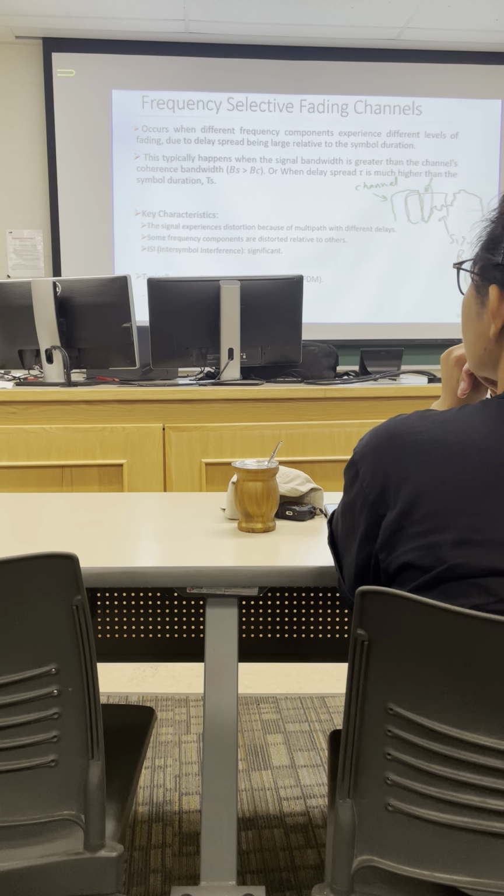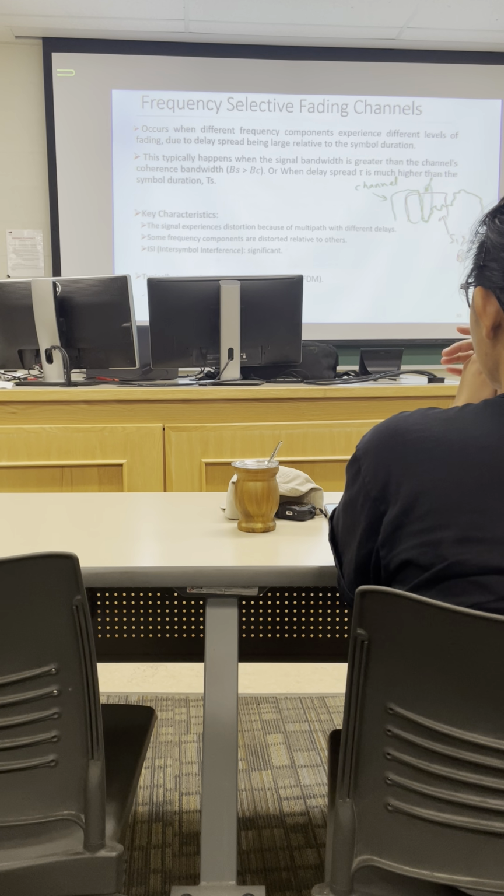So I will return back the whole original value, okay? So here, for a frequency selective fading channel, the signal bandwidth is greater than the coherence bandwidth, and I have what is called distortion because of multipath with different delays. Okay, and this typically occurs in a wideband signal.